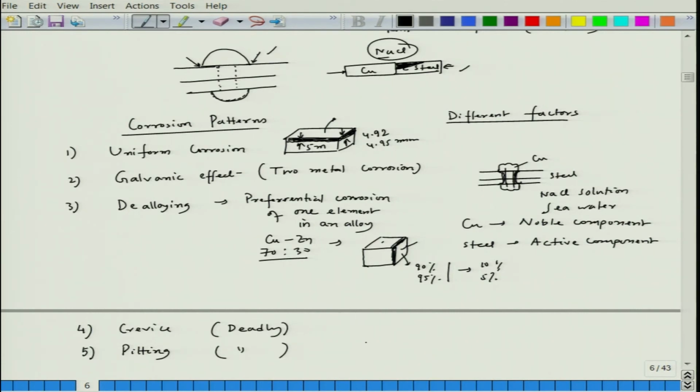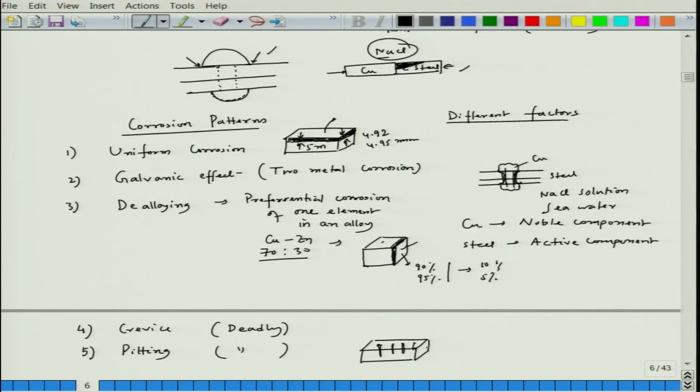And if we see a 3D picture, on the flat surface you might see the small black dots, and if we see the cross section, that particular segment can go deep into the material. What exactly happens there?